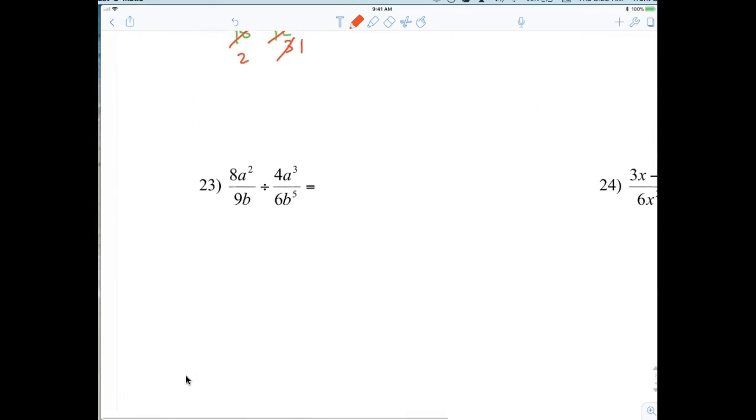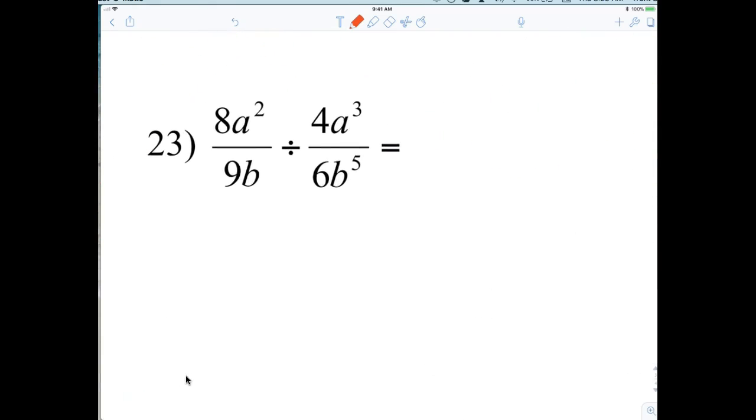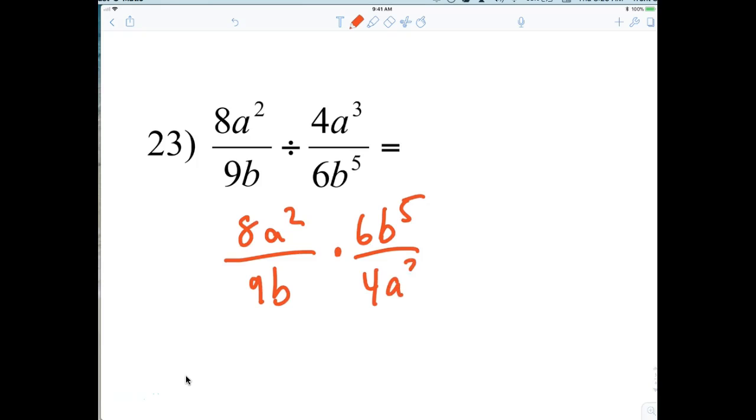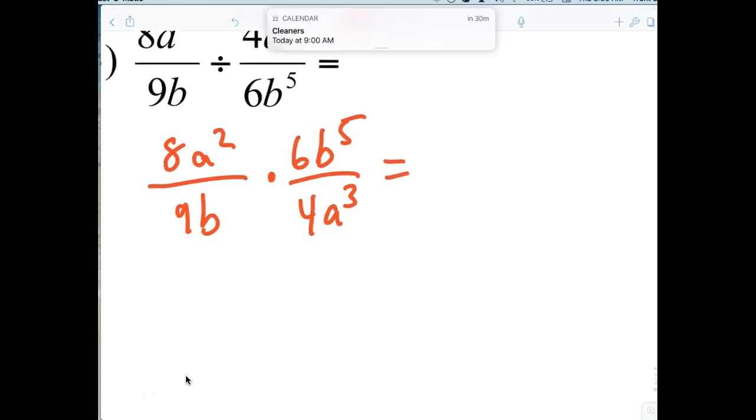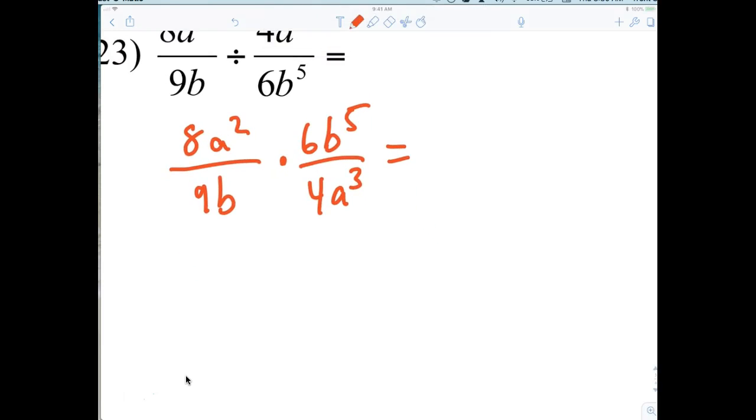Okay. All right, here we go. Uh-oh, we have a division problem. So, division. Again, I'm just going to do 8a squared over 9b times 6b to the 5th over 4a cubed. So, division just becomes multiplication. You multiply by the reciprocal. All right?